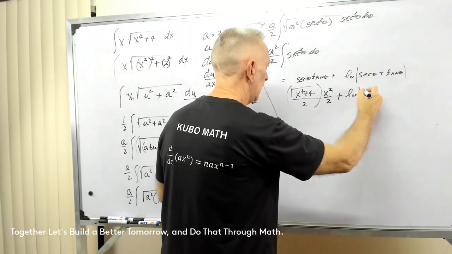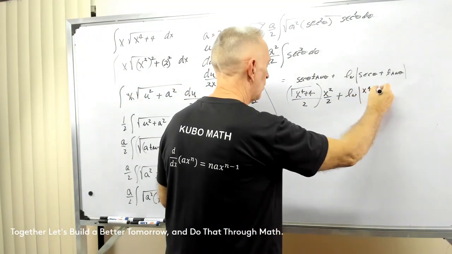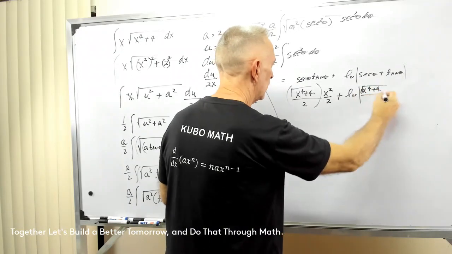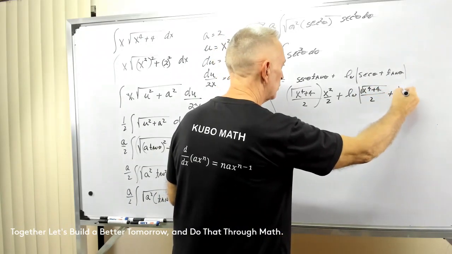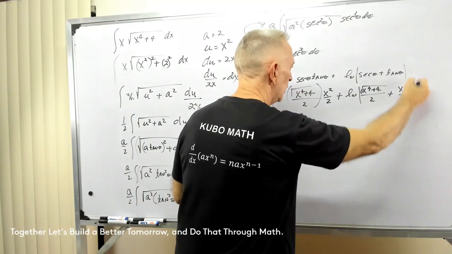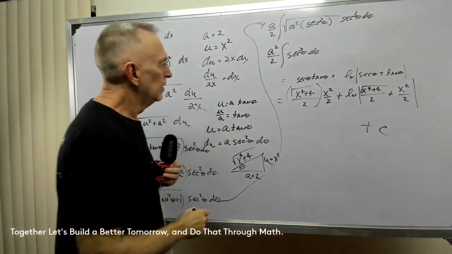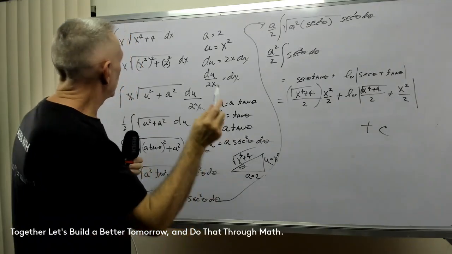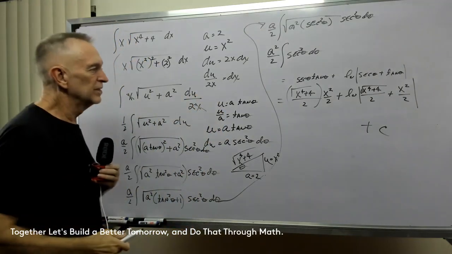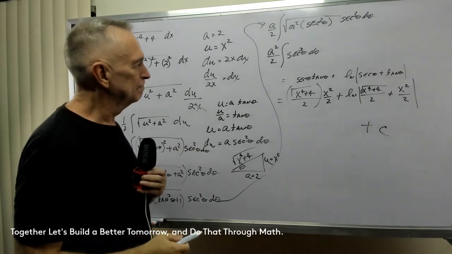Again, it's the square root of x to the 4th plus 4, over 2, plus tangent, which was x squared over 2, plus c. That would be your answer. And that, my friend, is that integral. It looks like it just got larger, didn't it?